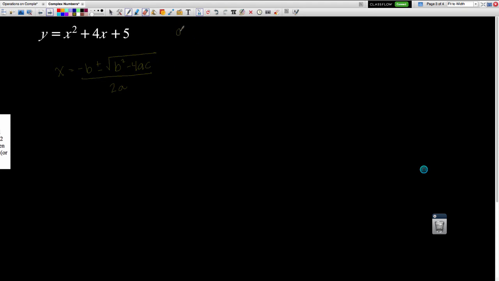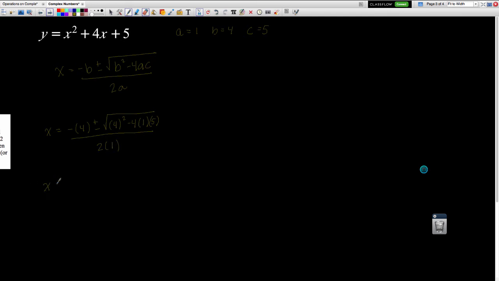We have to identify our a, our b, and our c. And we substitute, so we have the opposite of 4 plus or minus the square root of 4 squared minus 4 times 1 times 5, all divided by 2 times 1.